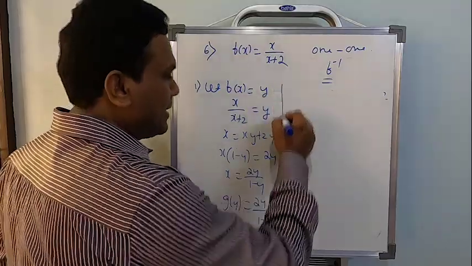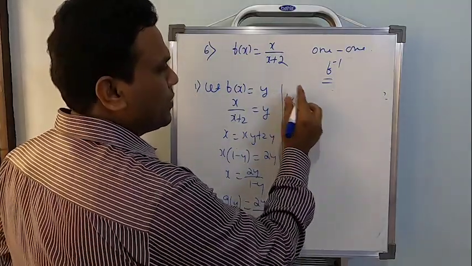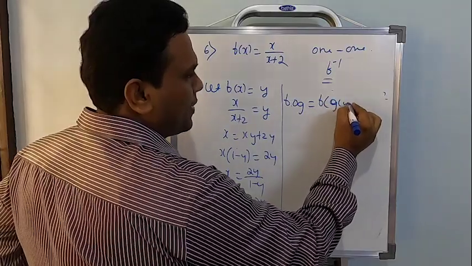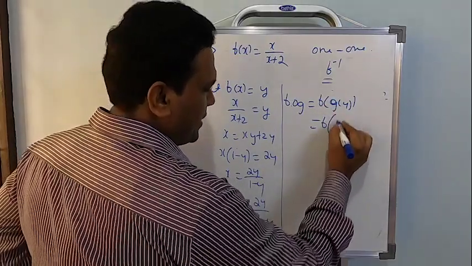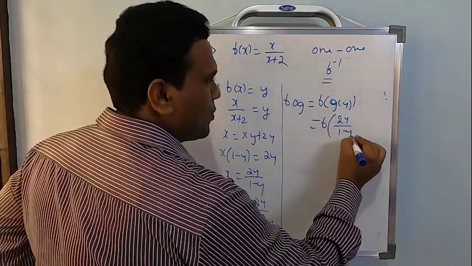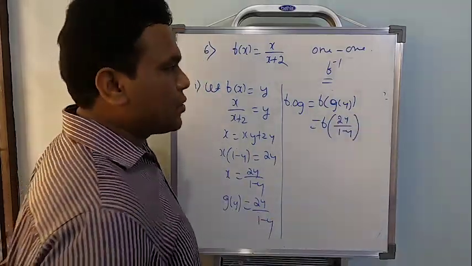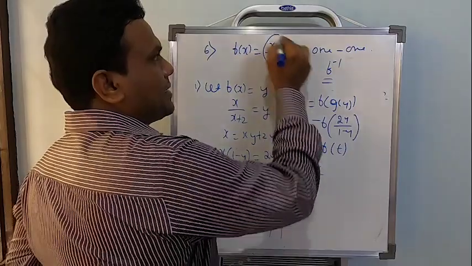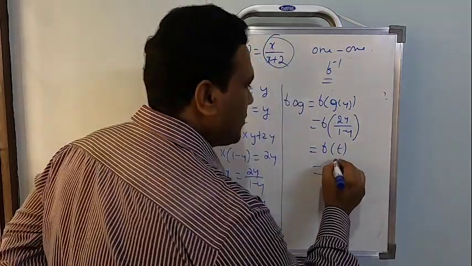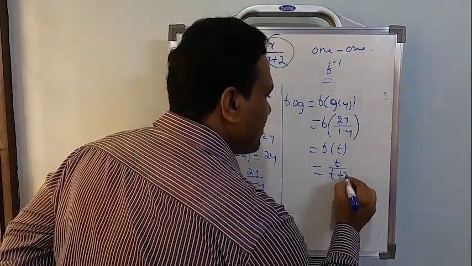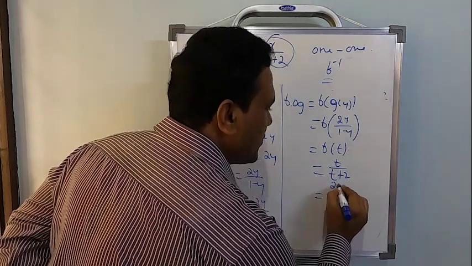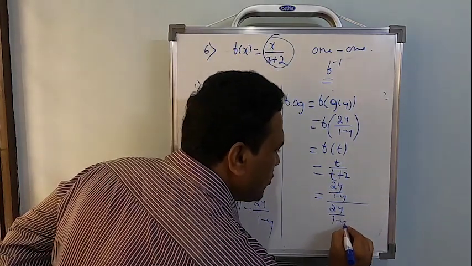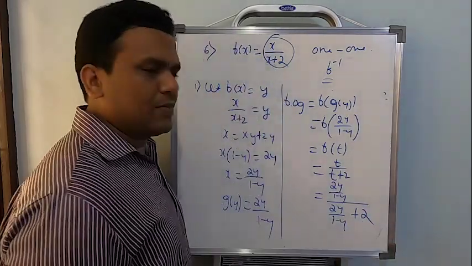First step. Then the second step is to find out f of g of y. Now g of y is 2y by 1 minus y. So let's name it as t. F of x is this much, right? What is f of t? It will be t by t plus 2. Replace t value: 2y by 1 minus y divided by 2y by 1 minus y plus 2.